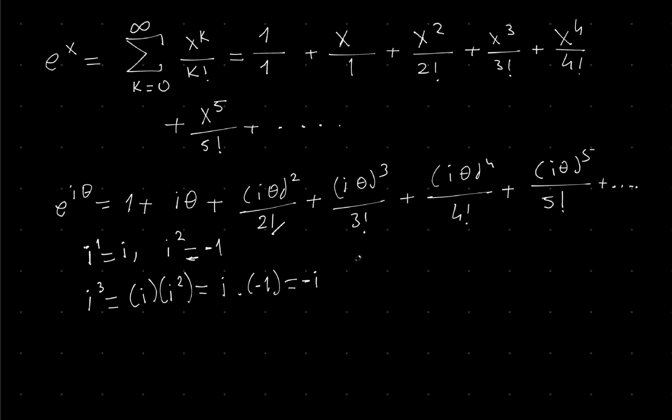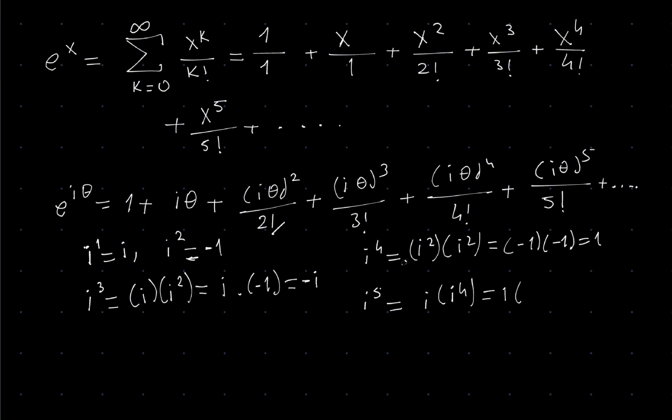Let's write I to the power of 4 here, which is the product of I to the 2 twice, and that was equal to -1 times -1, which is 1. As I said, it continues like that. For example, I to the 5 is I times I to the 4; I is I, and I to the 4 is 1, so that is I.